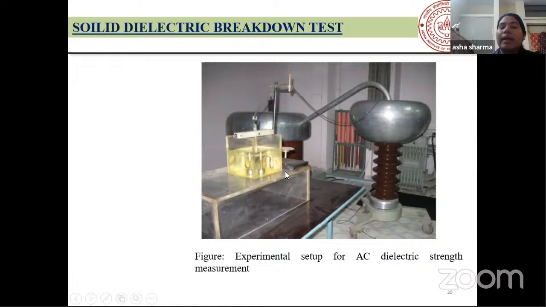We apply several test voltages and see at what voltage the breakdown of the solid dielectric sample occurs. By testing just 1 or 2 samples, we can't say this is the breakdown voltage for this polymeric sample. We need to test at least 25 samples to reach a conclusion for this breakdown.